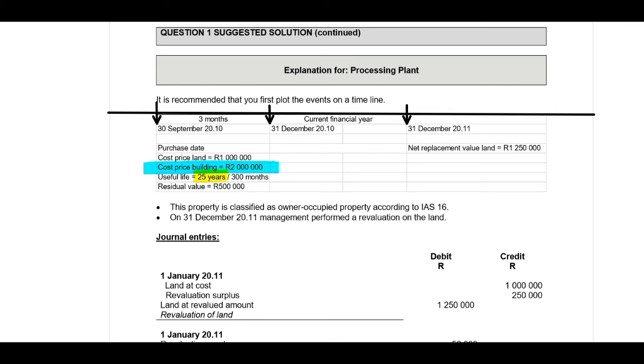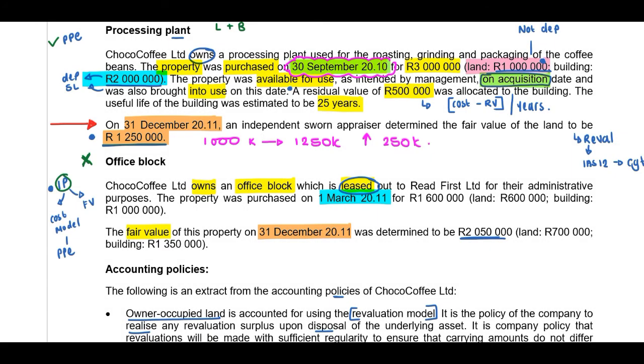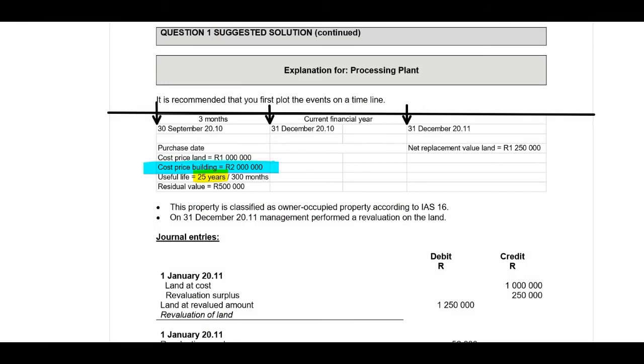If we refer to the scenario, useful life of 25 years and a residual value of 500,000. Right. And the building was brought into use on acquisition date. Therefore, if you look at my timeline, we've included our residual value.